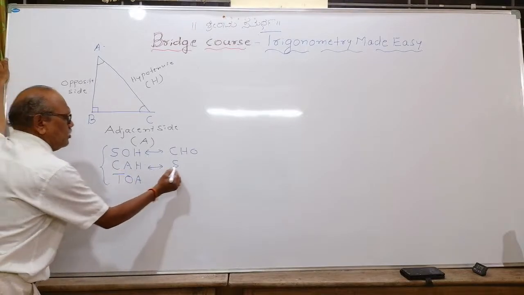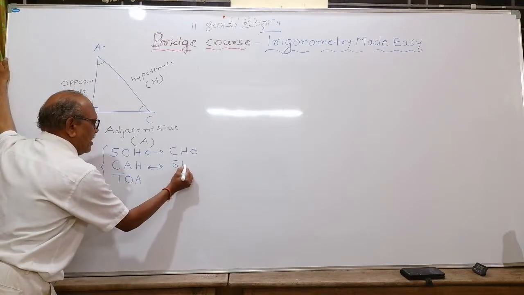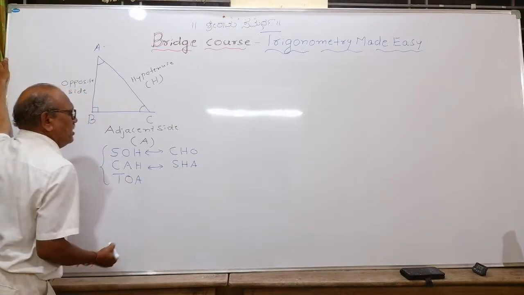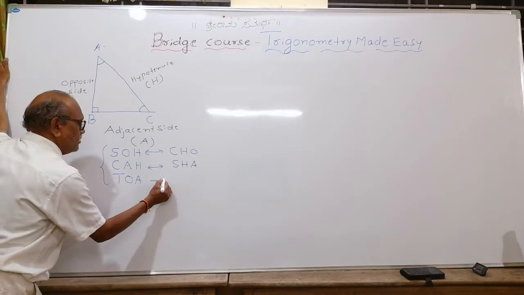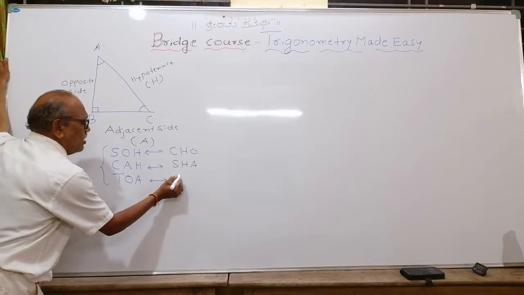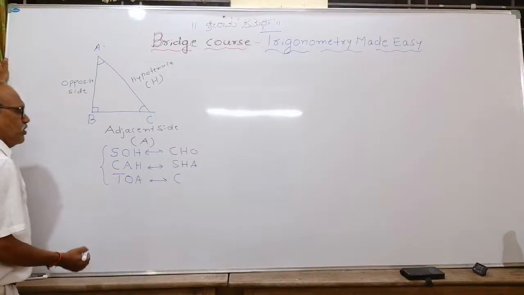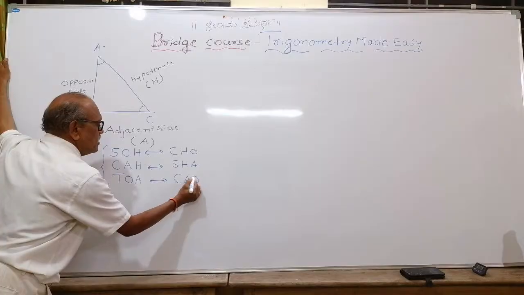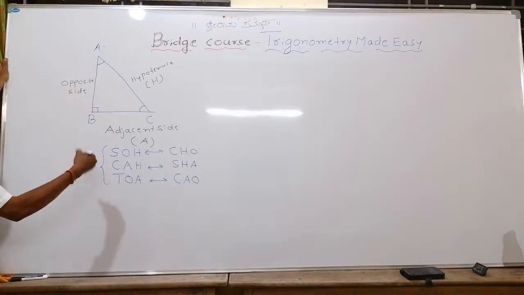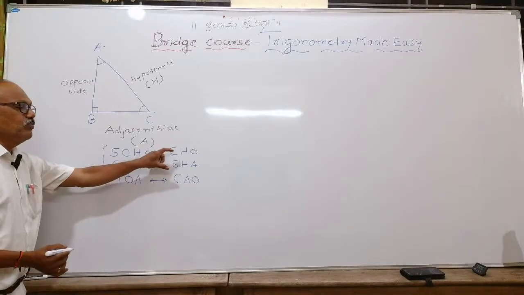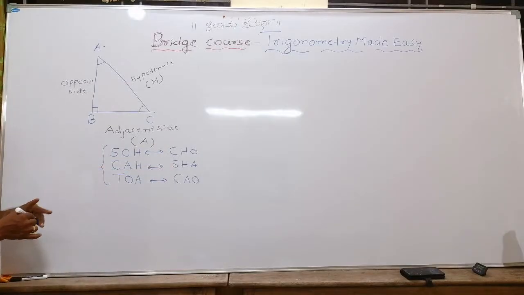Hypotenuse upon adjacent, interchanged. Similarly, the reciprocal of tan is cot, adjacent upon opposite. These total 6 ratios you have to remember. If you remember 3 ratios, the reciprocals can be easily memorized, right?